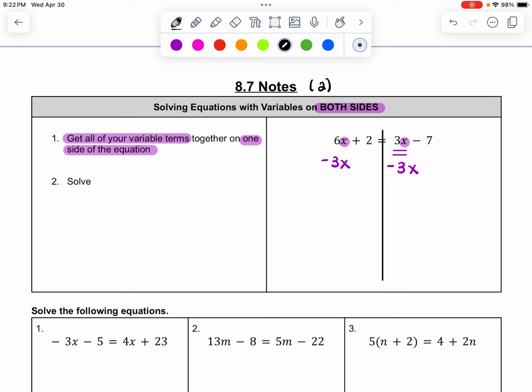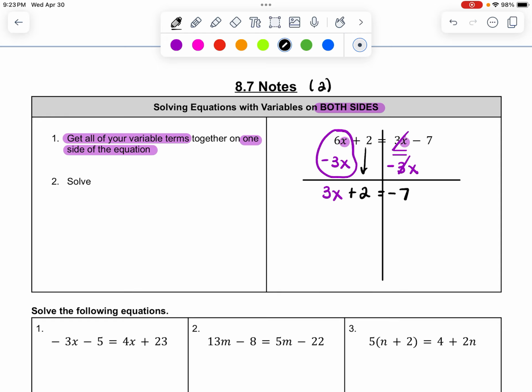When I do that, here's what ends up happening. On the right-hand side, these 3x's cancel, and the only thing that's left is negative 7. On the left-hand side, 6x minus 3x is 3x. And then we bring down the plus 2.